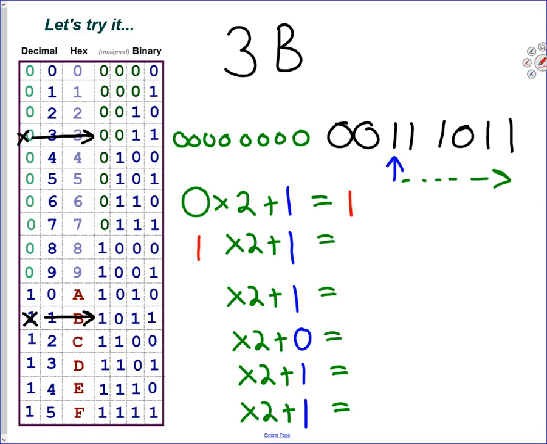This moves over here. 1 times 2 plus 1. 3 times 2 plus 1. 7 times 2 plus 0. 14 times 2 plus 1. And finally, 29 times 2 plus 1. Oh, seriously? 59.